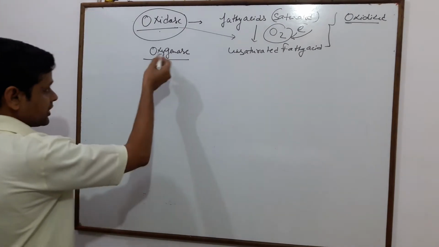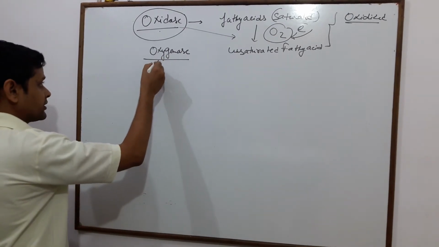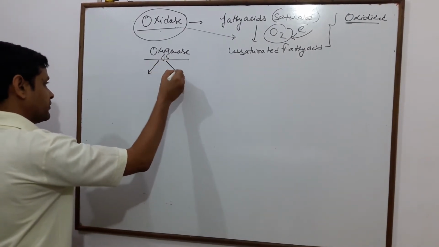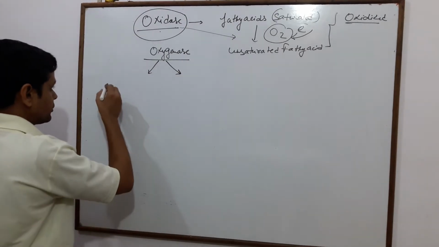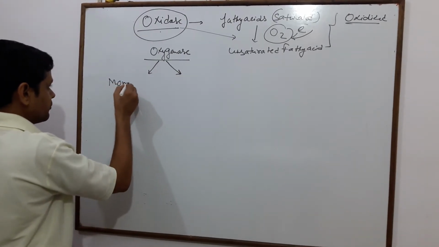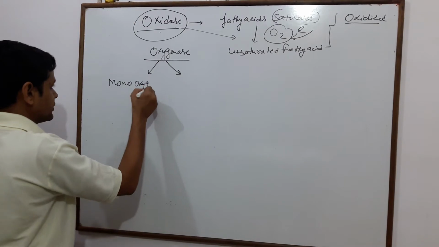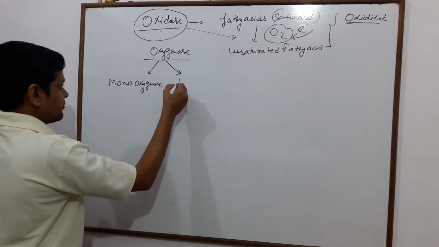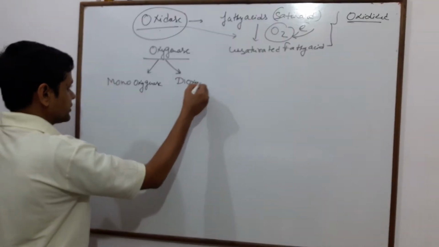Under this category, the enzyme is further categorized into two forms. One is monooxygenase and another one is dioxygenase.